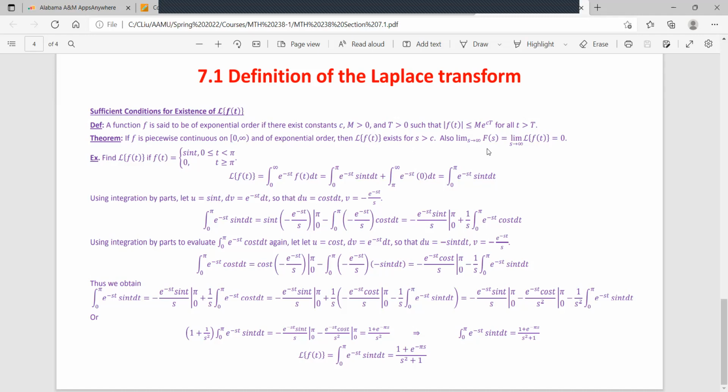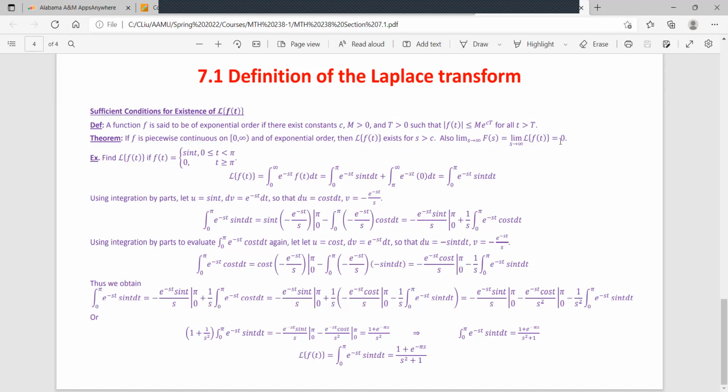It also says that the Laplace transform of this small f, we call it a big F. We get a function of s when we take the Laplace transform, and we call this function capital F of s. The limit of capital F as s approaches infinity is 0.